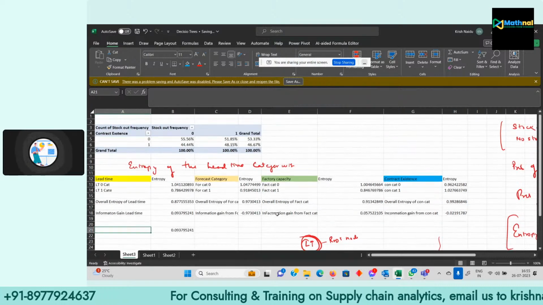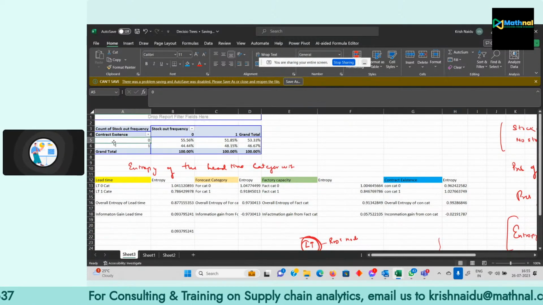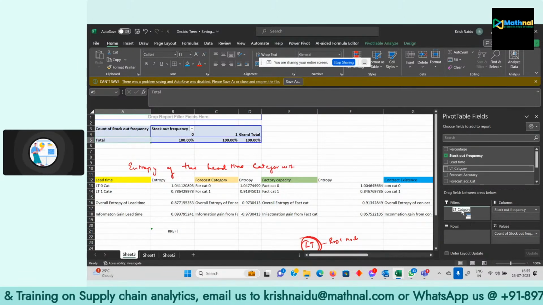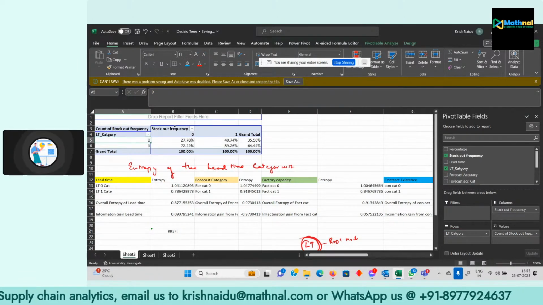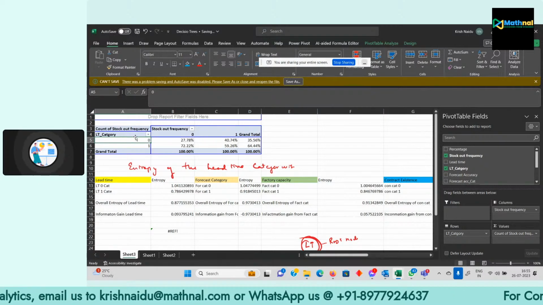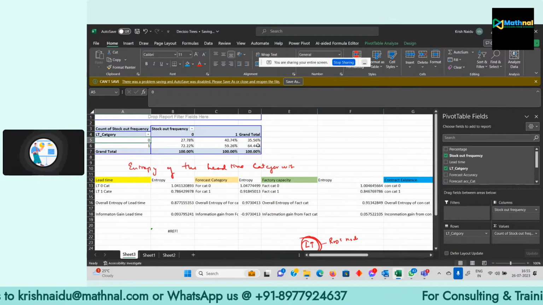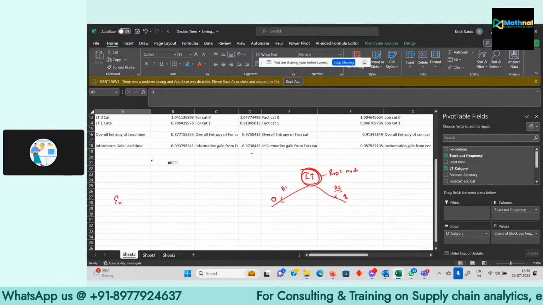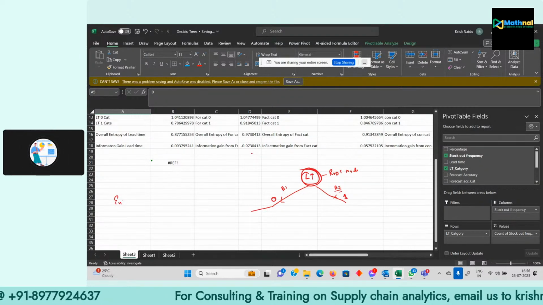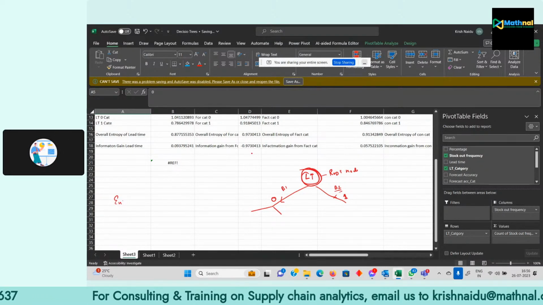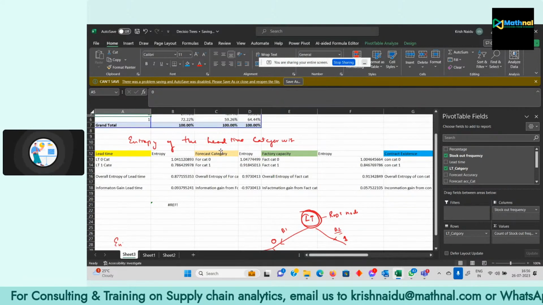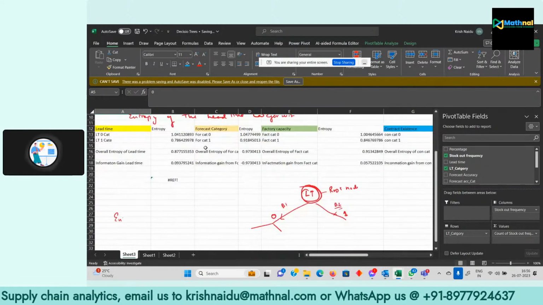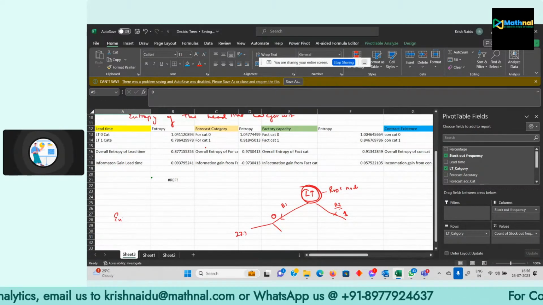Right. So if I go to the branch, I'll remove this contract existence because the best information gain we are getting is from the lead time category. So if you look at the lead time category from branch zero, we have our stock out percentage, how much? 27.78%.